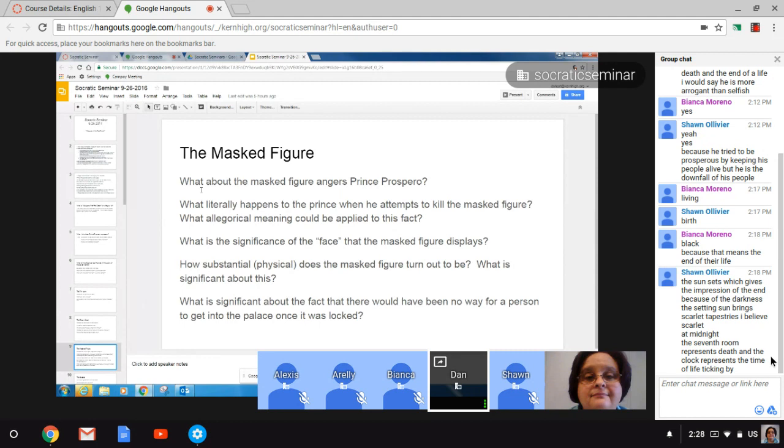You know, it's interesting that all of these maskers and the prince, they're trying to avoid the reality of the Red Death, the disease that's killing the town. But the masked figure reminds them of their own death that they're trying to avoid, because the masked figure looks like death.